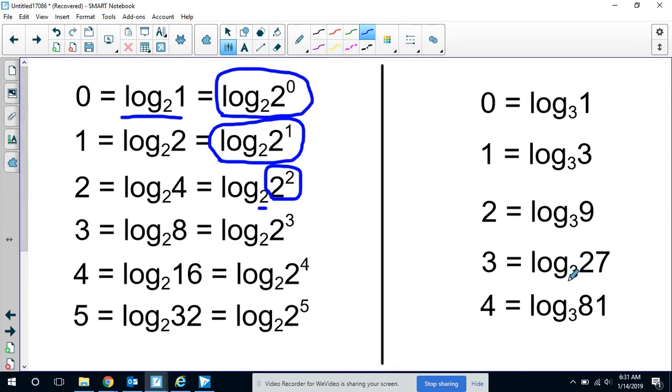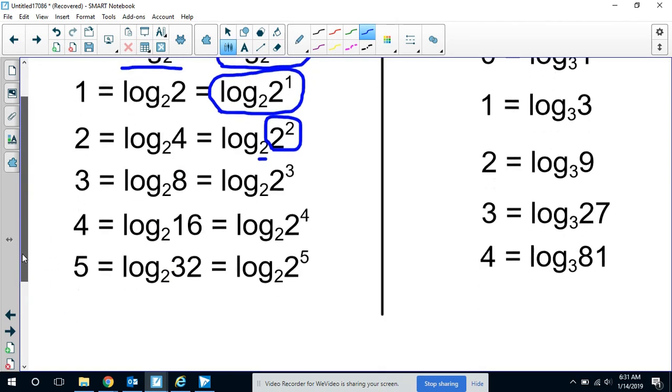Same thing over here with log base 3, or we could do it for log base anything, like log base 9 of 81 is going to be 2, because log base 9 of 81 is the same thing as log base 9 of 9 squared.